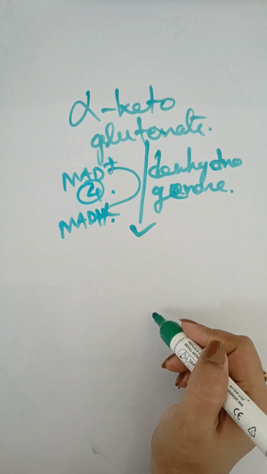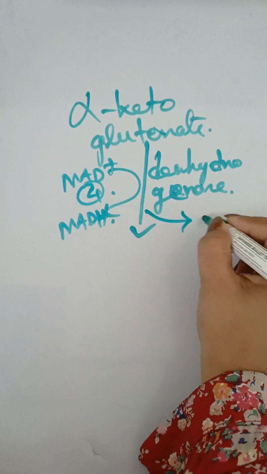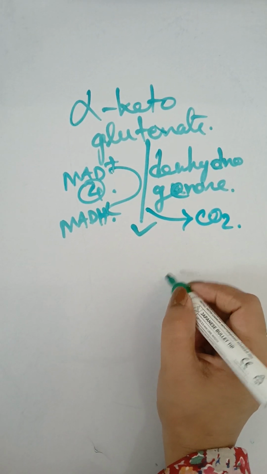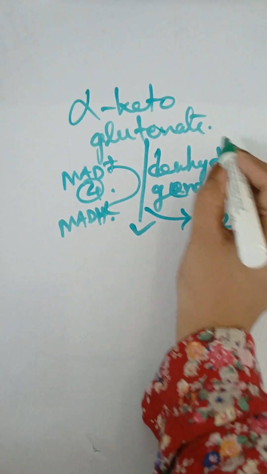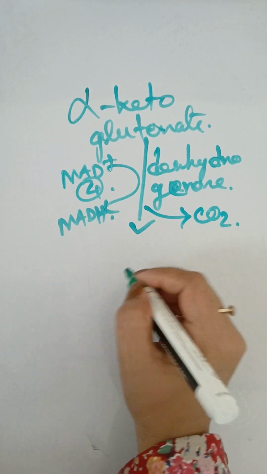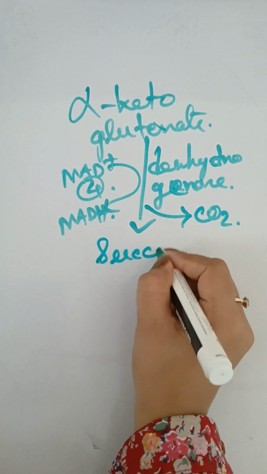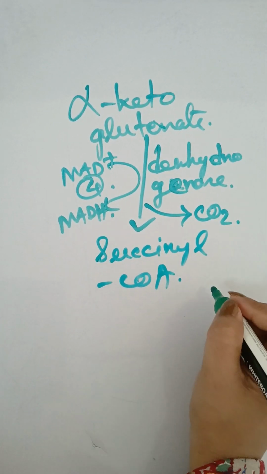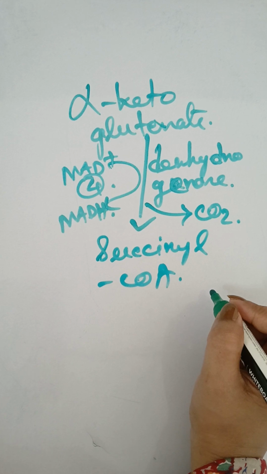The second NADH will be produced and the second carbon dioxide will also be released here, and from alpha-ketoglutarate, with the help of alpha-ketoglutarate dehydrogenase, it will give rise to what? Succinyl-CoA.